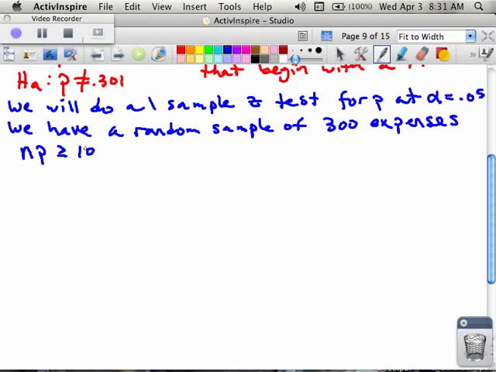And remember that P is the P0, the P from our paragraph up above. So that's 300 in our sample times the proportion, which we said was 0.301, to see if that's bigger than or equal to 10. That should give me, I think, 90.3. So we can check the math on that. And that is bigger than or equal to 10, so that part's good.